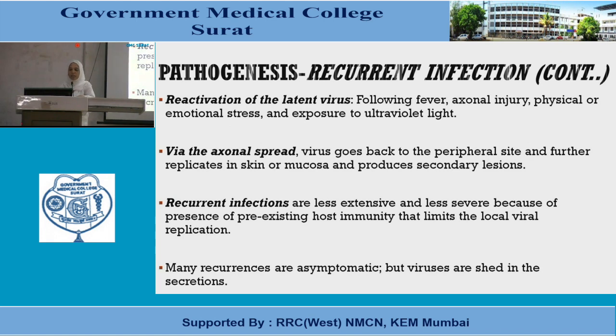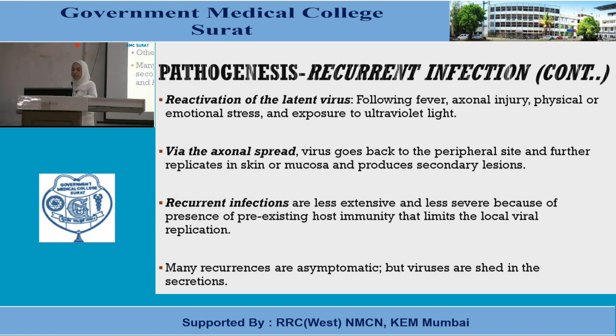In recurrent infection, it is less extensive and less severe because of the presence of pre-existing host immunity that limits local viral replication. Many recurrences are asymptomatic, but viruses are shed in the secretions. That's how, again, a person can get infected. This is what I was telling you.